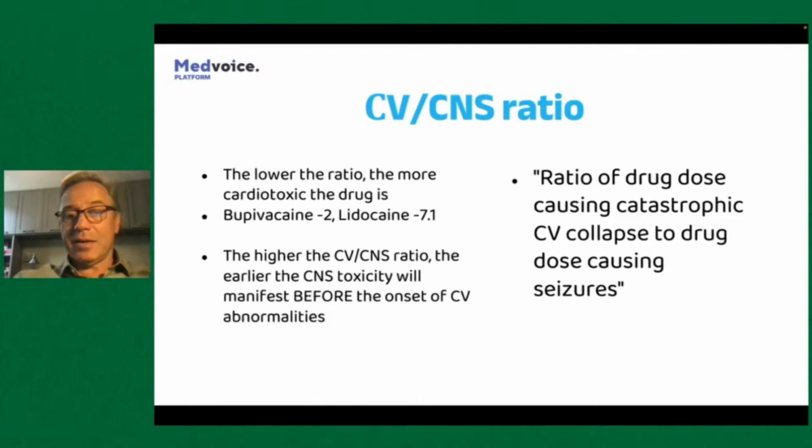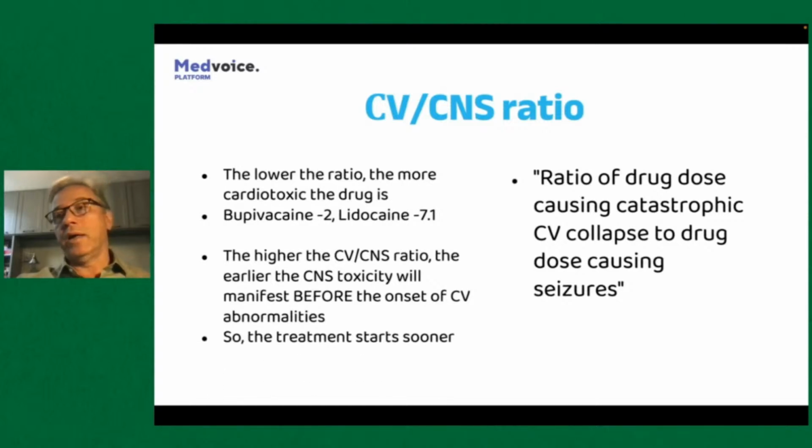So the higher this ratio is, the earlier the CNS toxicity will manifest before the cardiovascular abnormalities, which means that if we can see the earlier CNS signs, then we can act quicker and start the treatment quicker.